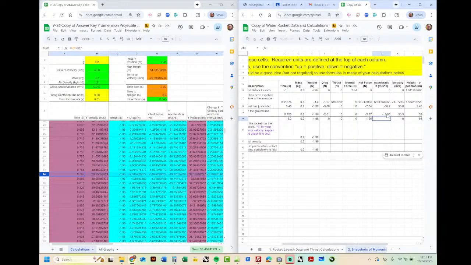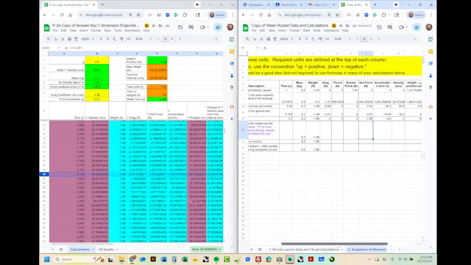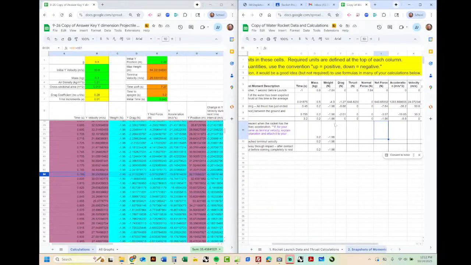So let me copy this formula down. Last time it was taking the net force divided by the mass, and that should be negative 9.8. So when you draw this, you're just going to have one force, weight. When we drew the one before that, there would be 2, weight and drag.